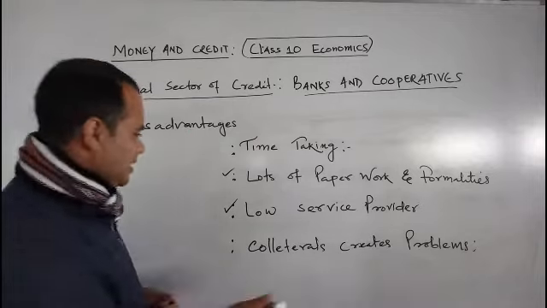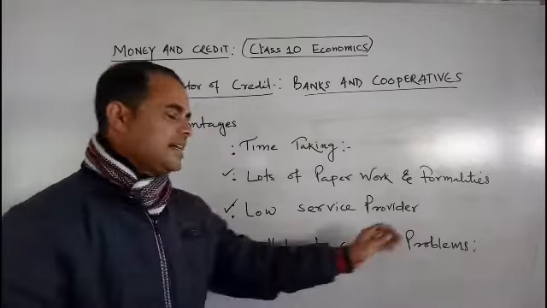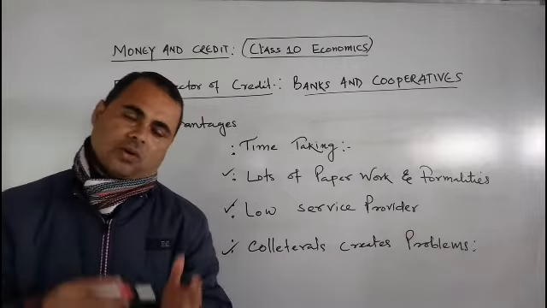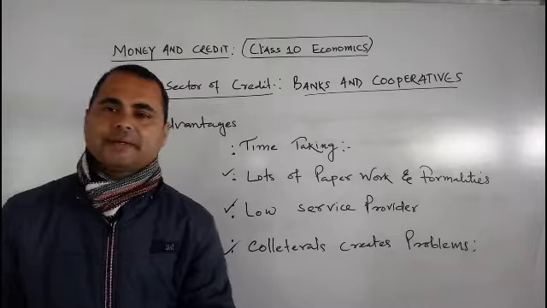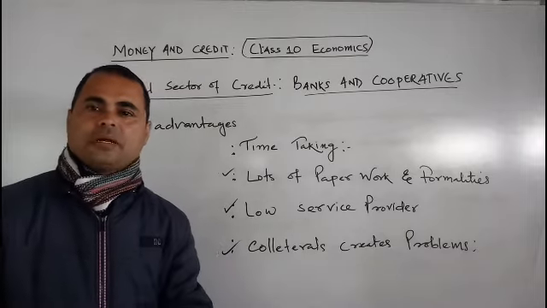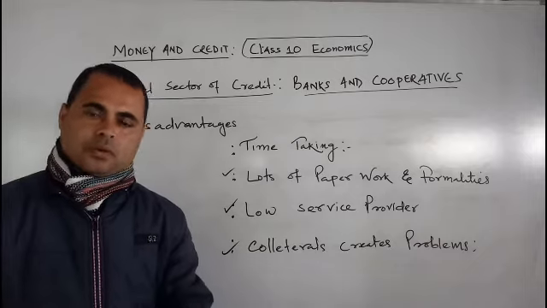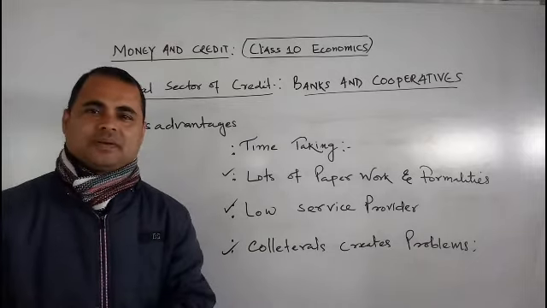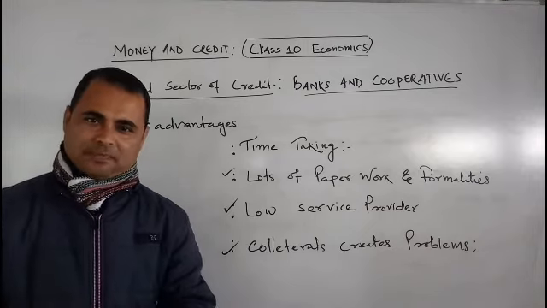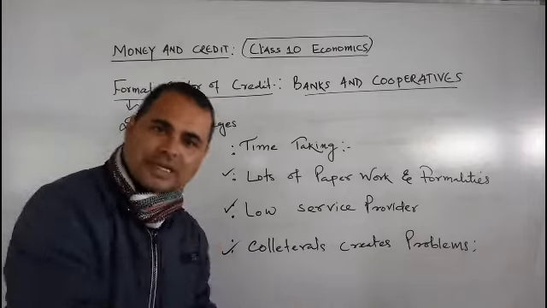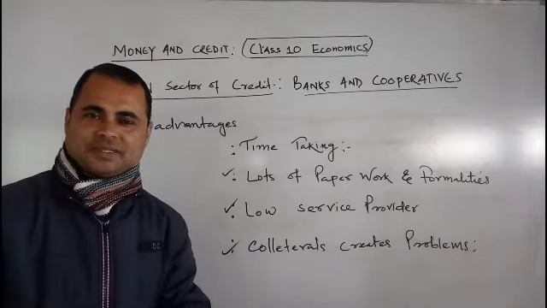Another disadvantage is that collaterals create problems. Often in formal sectors, whatever collateral is asked by the bank or these agencies may not be fulfilled by all. What about those people who have nothing to keep as security? Now they have to look at the informal sectors, right?